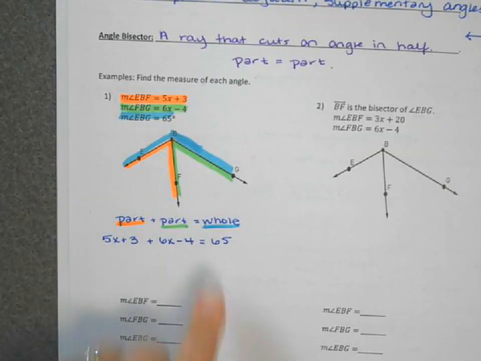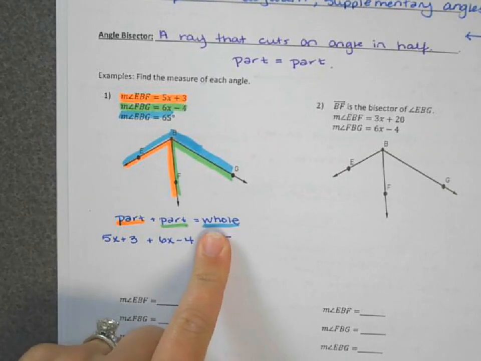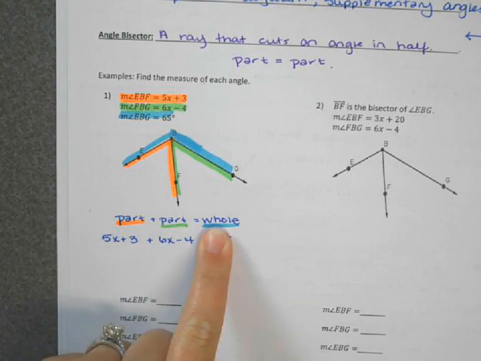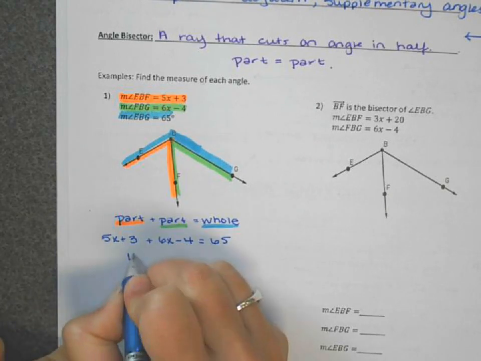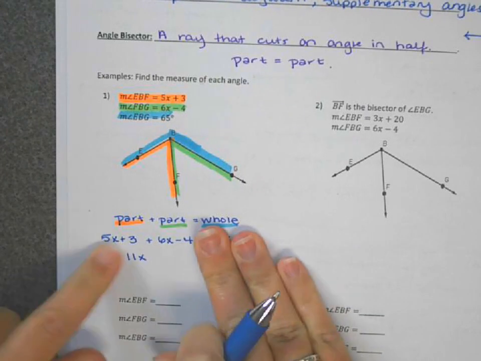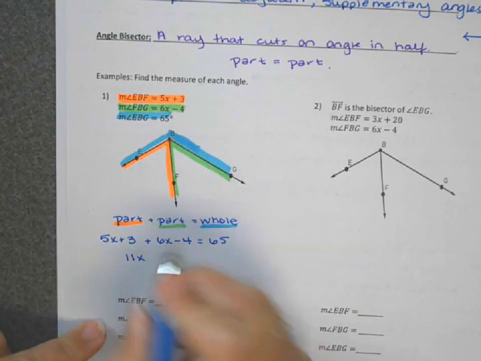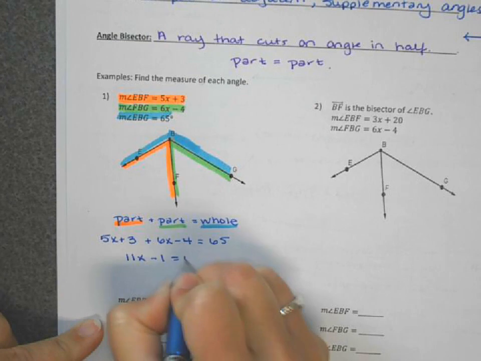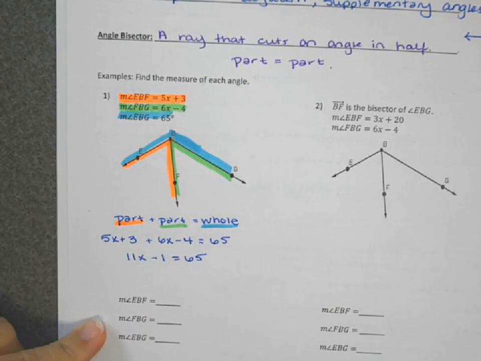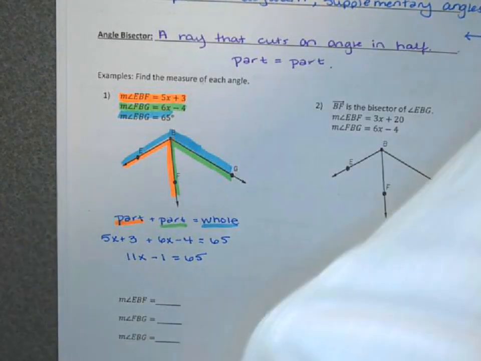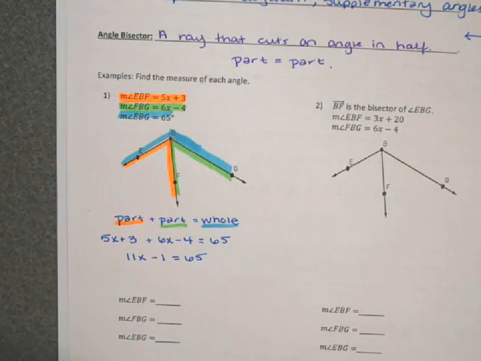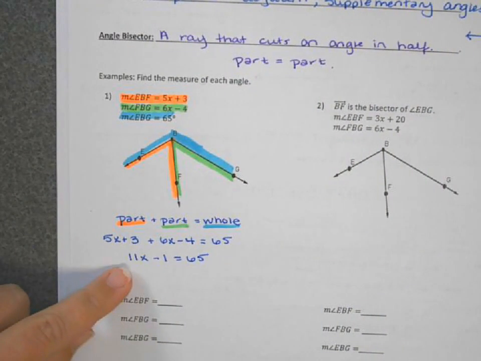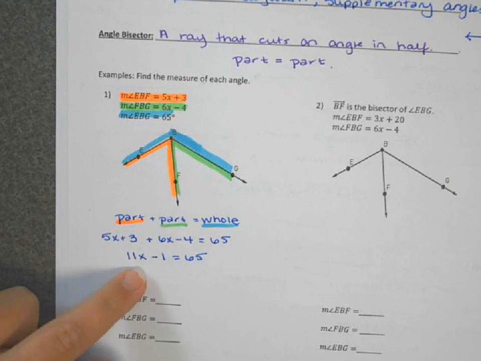I'm going to take that expression on the left and simplify it, meaning I'm going to combine like terms. 5x and 6x is 11x. 3 and negative 4 is minus 1. So now that I have 11x minus 1 equals 65, I'm trying to get 11x by itself. So I have to get rid of all the other terms, like that minus 1.